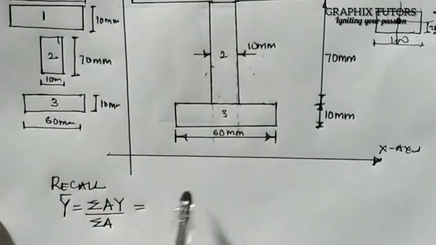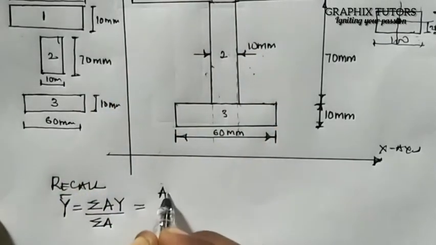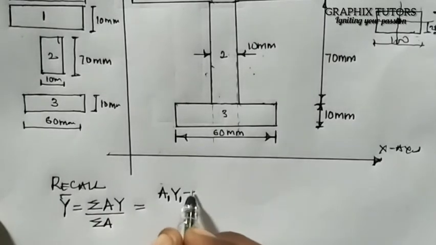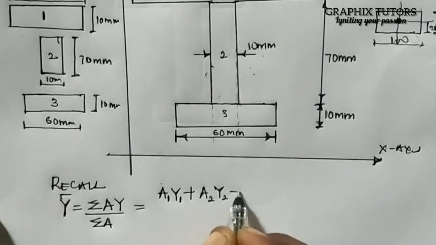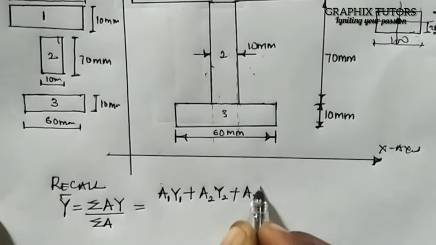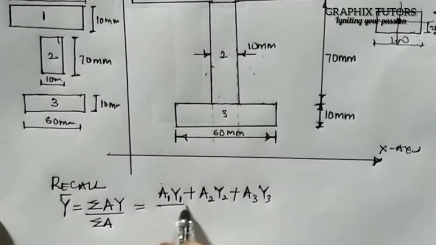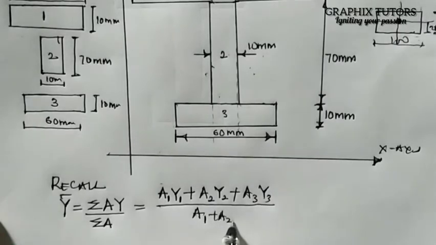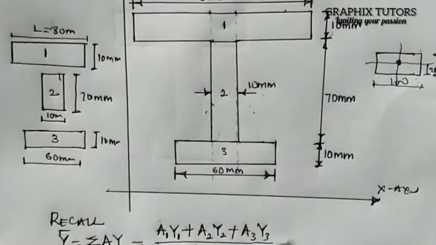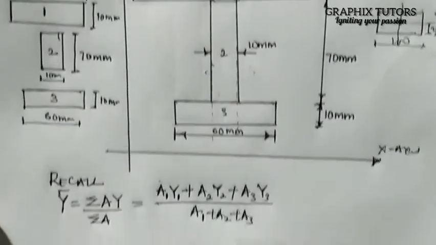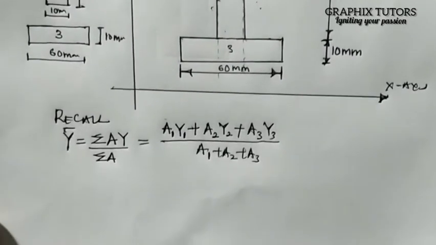Since I have 3 figures here, I'll have A1 multiplied by y1, plus A2 multiplied by y2, plus A3 multiplied by y3, all over A1 plus A2 plus A3. This is my formula. I have 3 figures, so I'm going to give them into 3 different parts. Now we'll move forward and consider them one after the other.